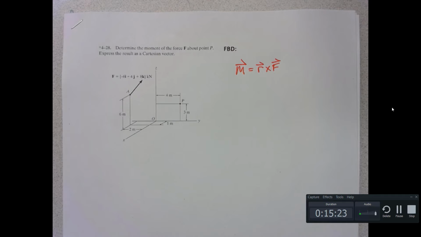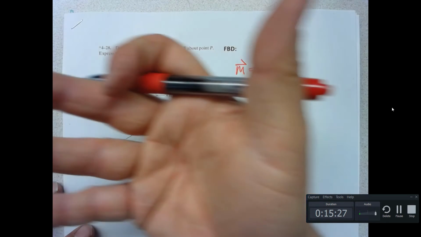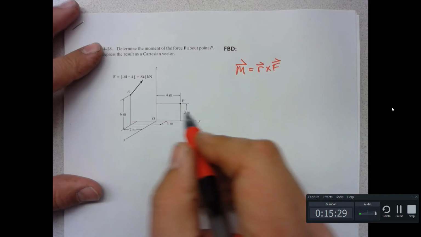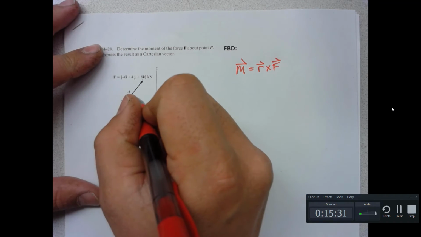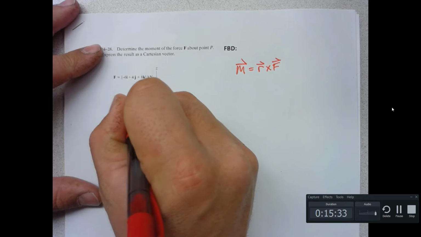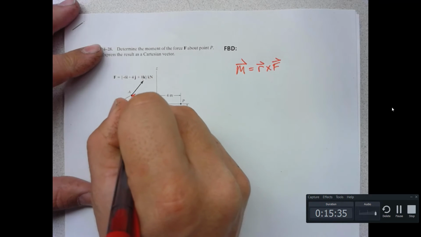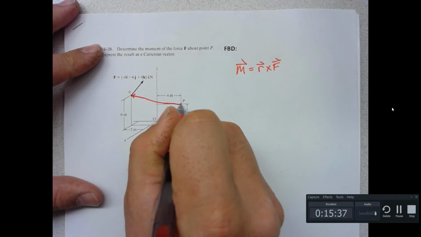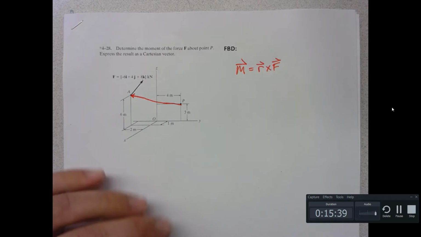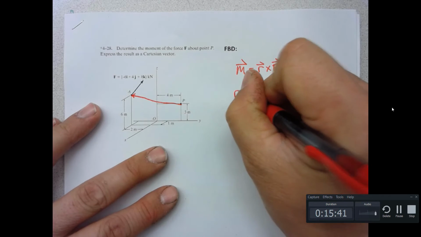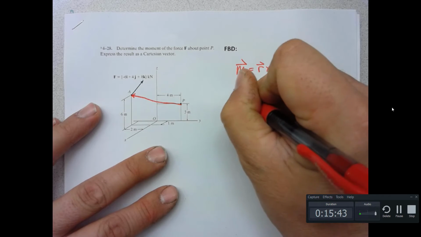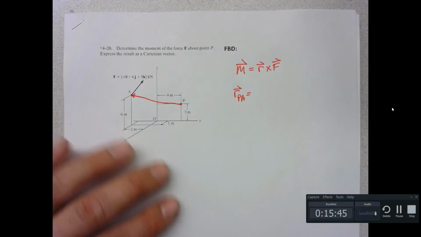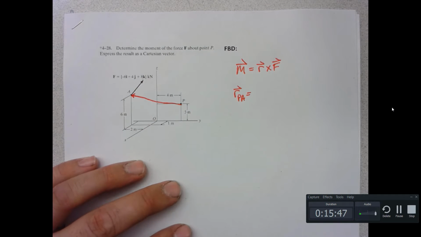Can you visualize that here? It's like you stick your fingers from P to A and twist them. I can't see that very well, but let's put it on here. So r_PA, we need to figure out what the position vector from P to A is. We do that by what?